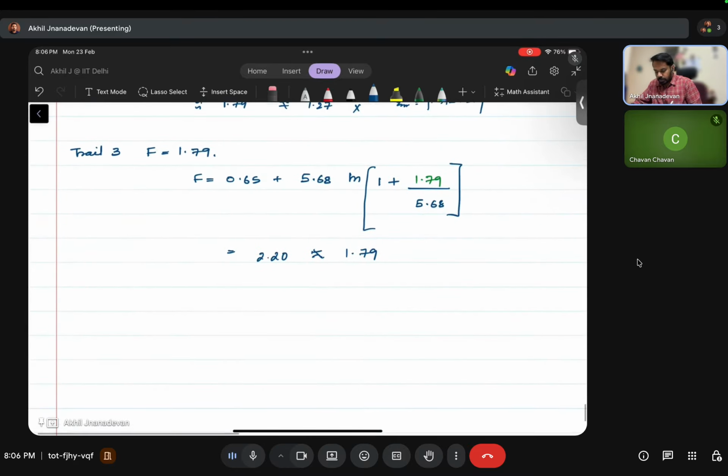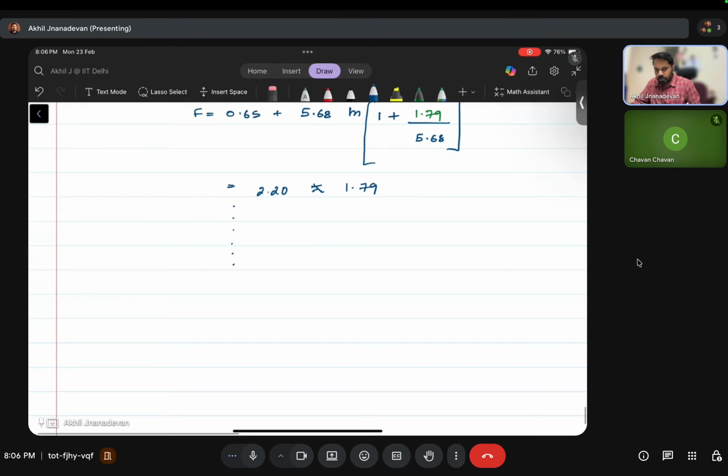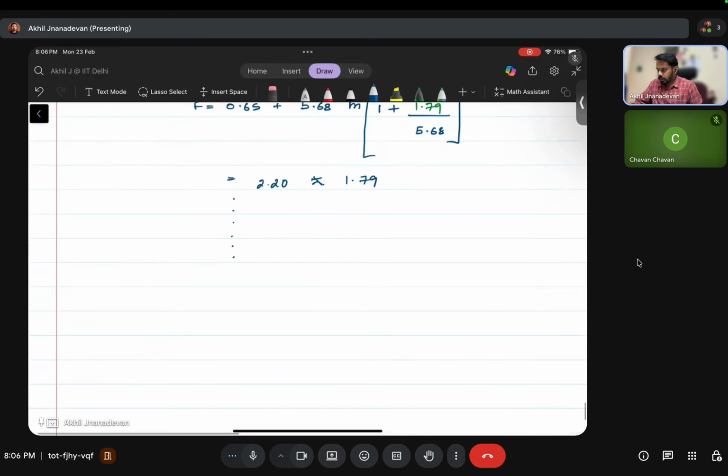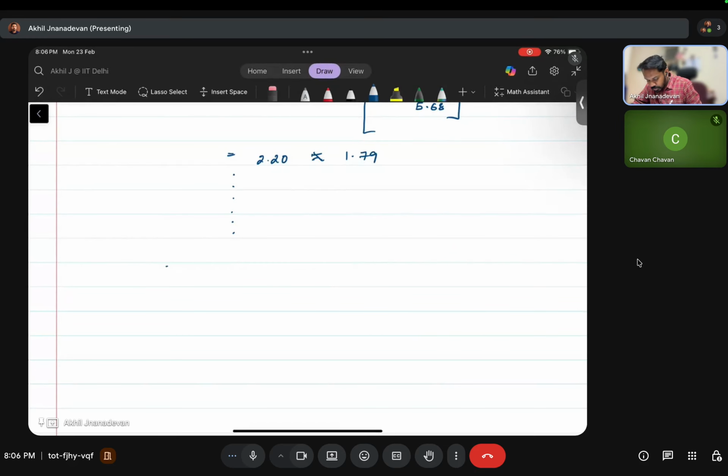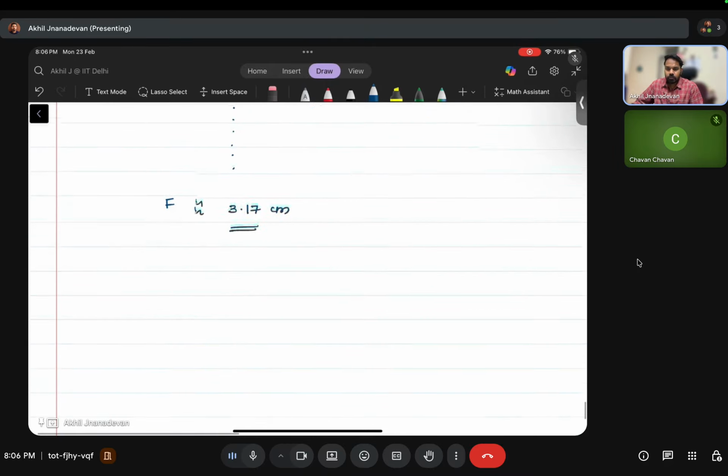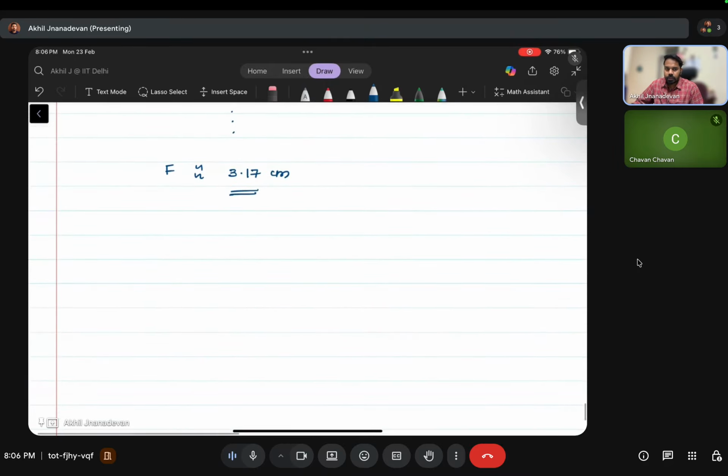If you continue this, as the time is not there, I'm not solving for the others. After some time the value will be converging, and we'll finally be getting F is equal to 3.17 centimeter. So this is the cumulative infiltration depth after 1 hour of infiltration happening, using the Green-Ampt method.